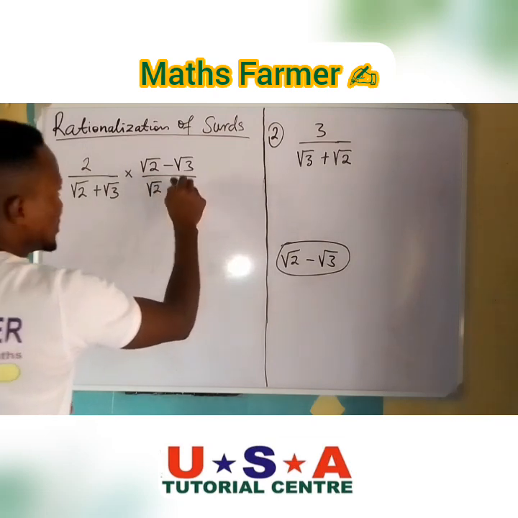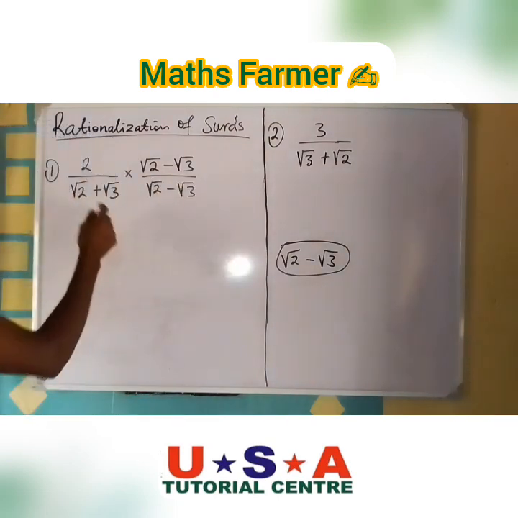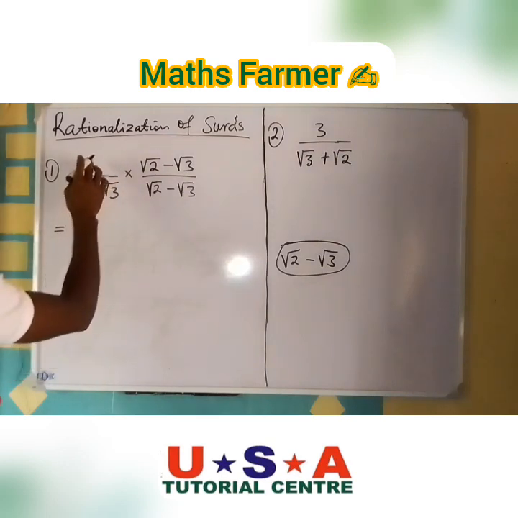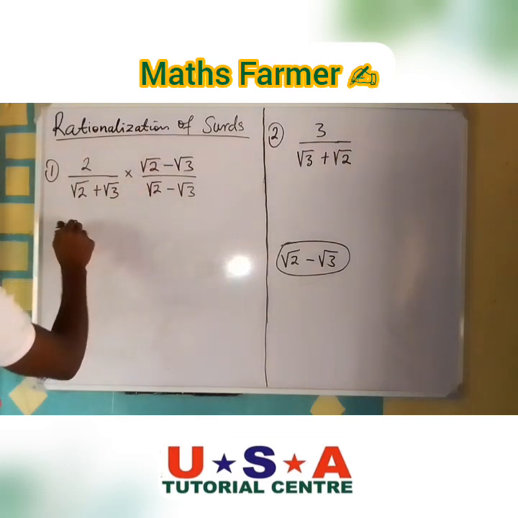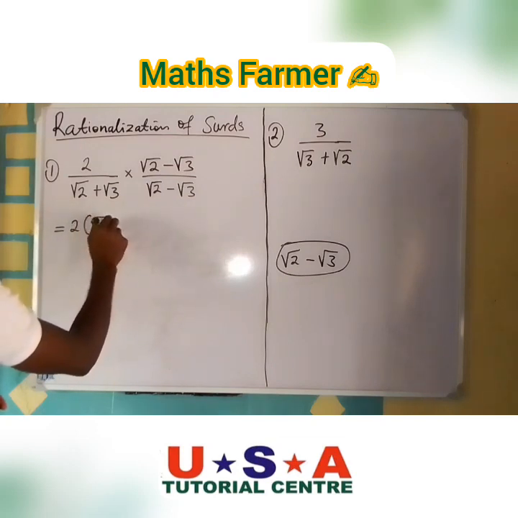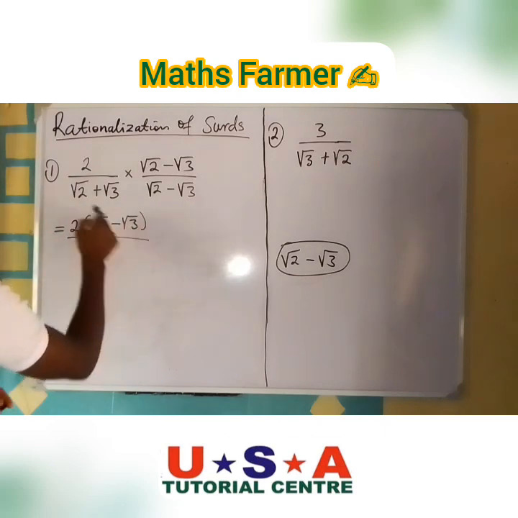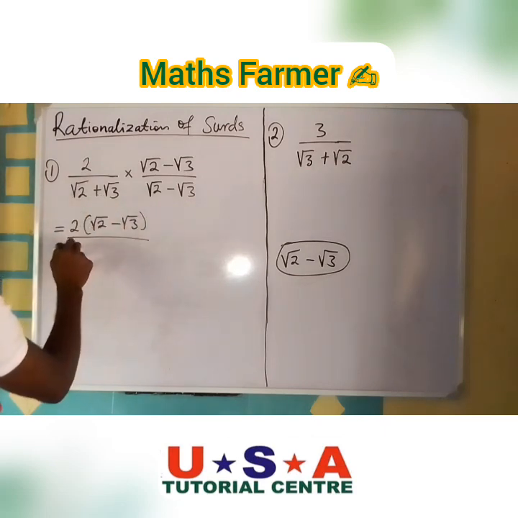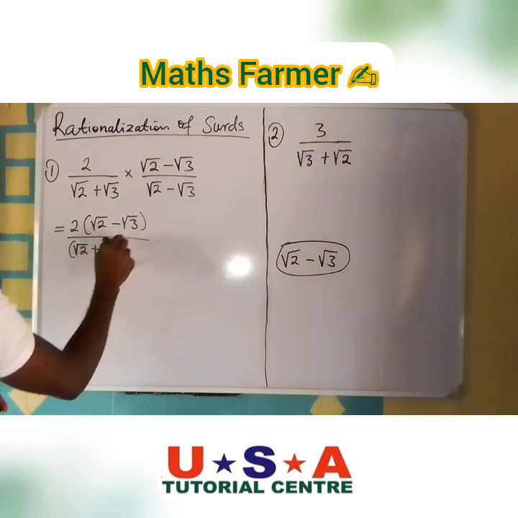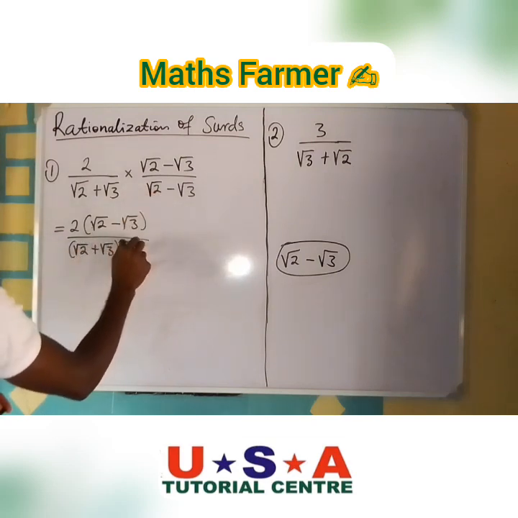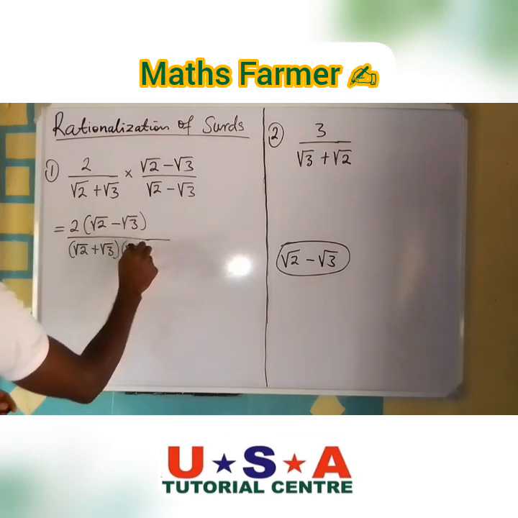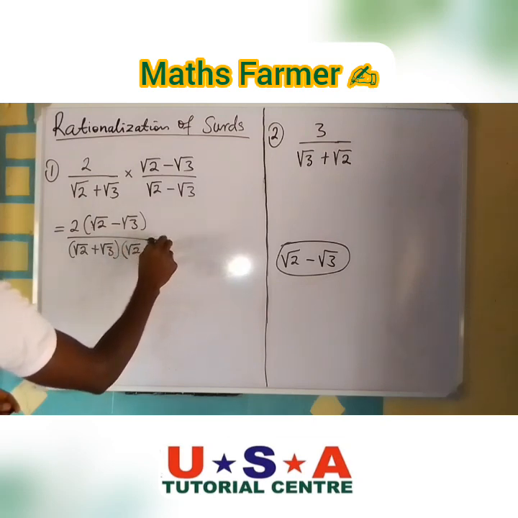Now we want to multiply this. Using 2 to multiply the numerator, we have 2 times root 2 minus root 3, all divided by the first expression, root 2 plus root 3, times the second one, root 2 minus root 3.